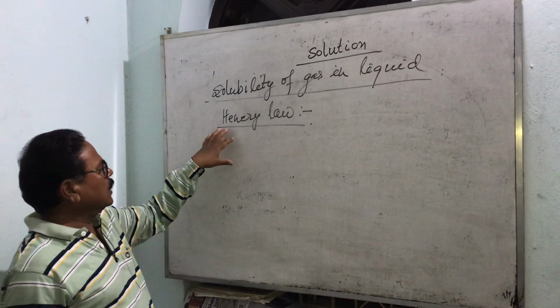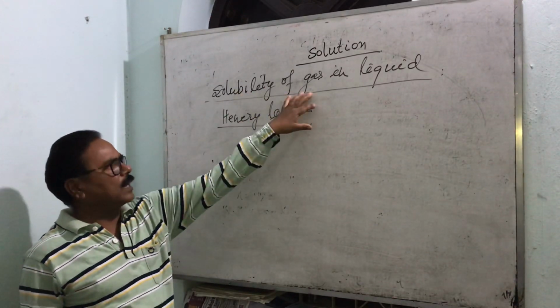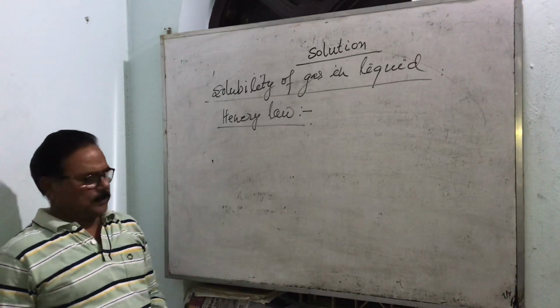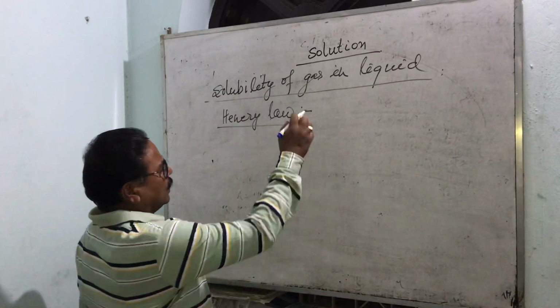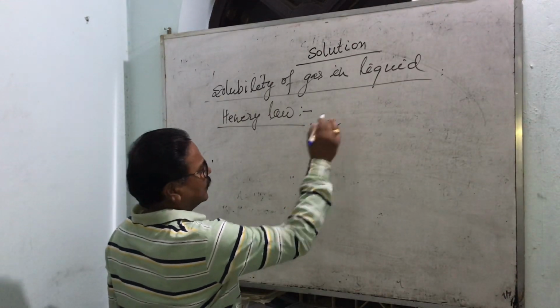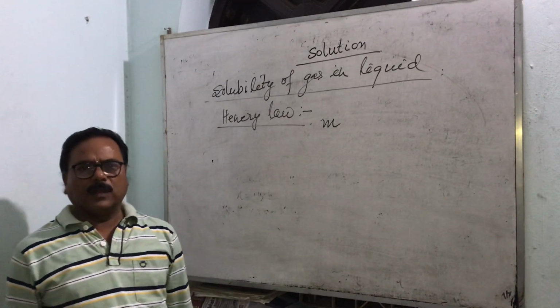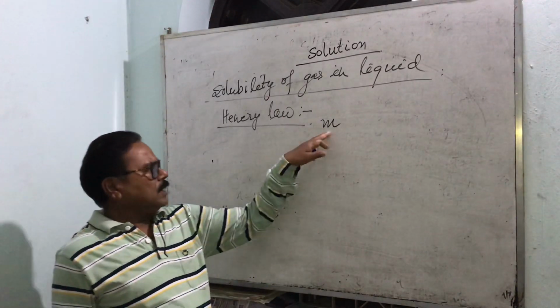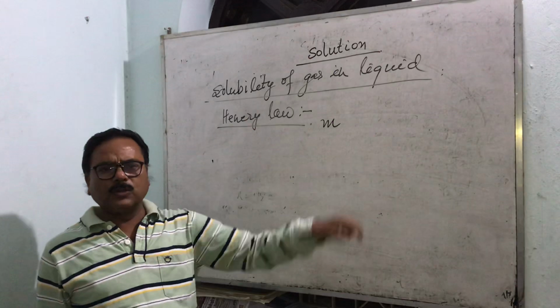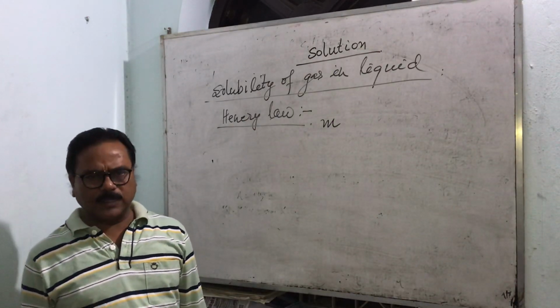Now we have to discuss here Henry's law, that is, the solubility of a gas in a liquid. In class 11th we have studied that the solubility of a gas in a given liquid is directly proportional to the pressure at a given temperature.